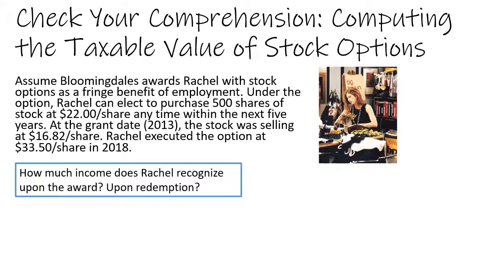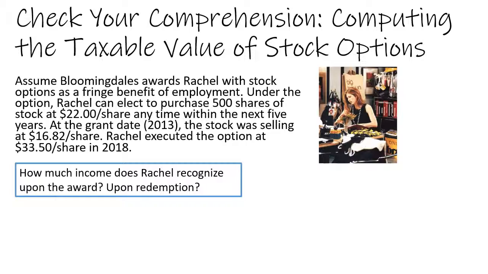Now let's look at how Rachel would treat the receipt of a stock option on her taxes, assuming the stock price at time of purchase is $33.50 and her stock option is $22.